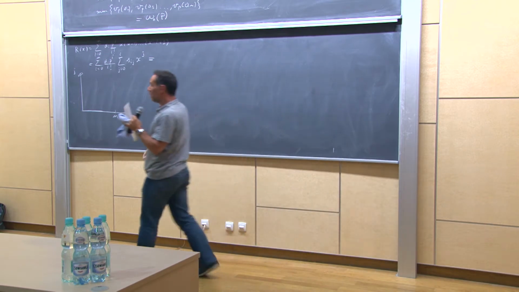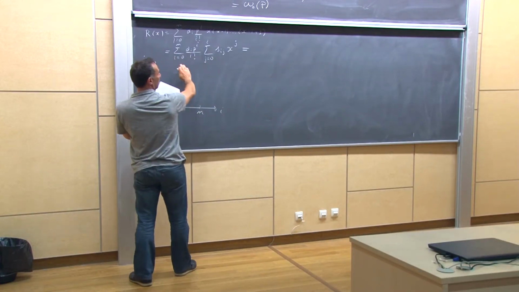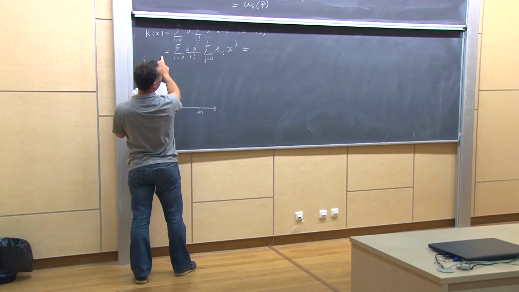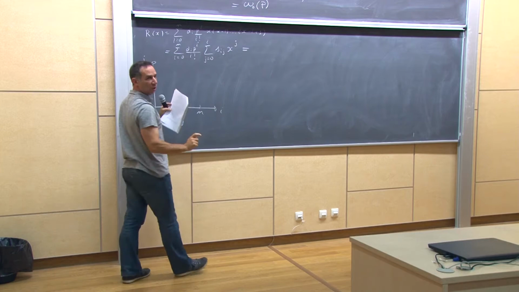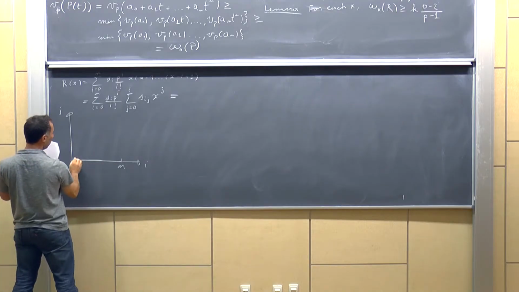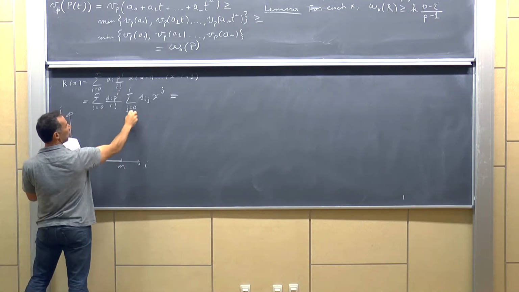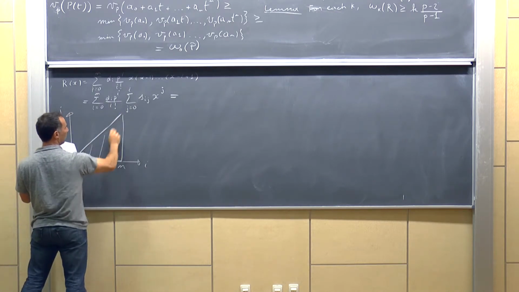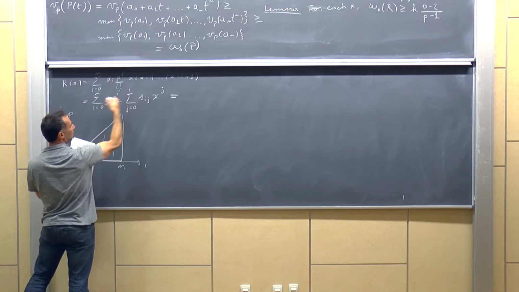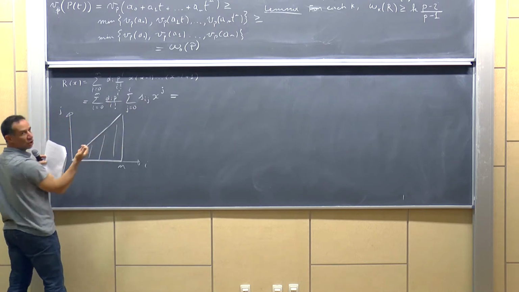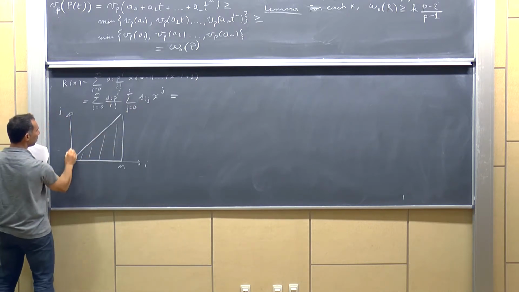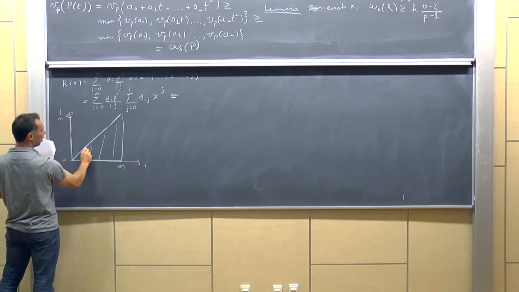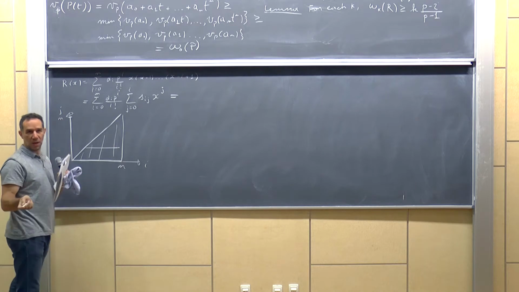So let me just come back to this sum. First of all, everybody happy? Moving from this step to this step, I'm just rearranging terms. So now i ranges from 0 to n, and j ranges from 0 to i. When I'm taking this sum, this is what I'm doing. And I'm going to switch the order of summation. So now j is going to range from 0 to n, and i is going to range from j up to n, okay?